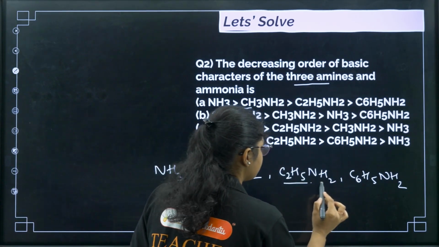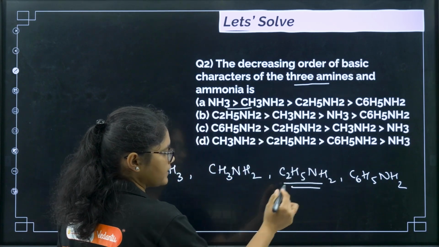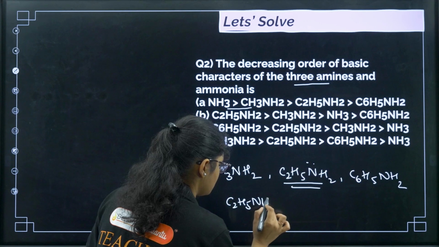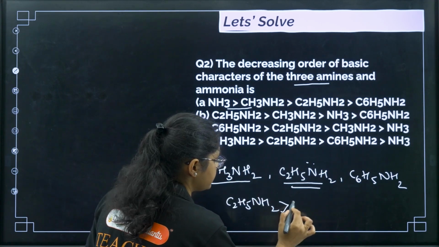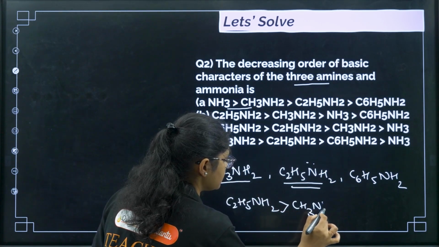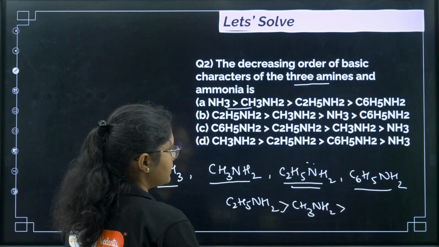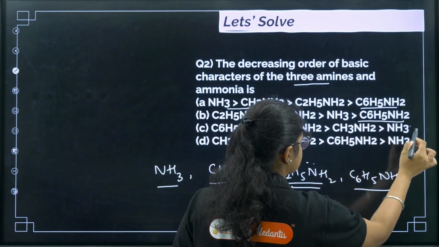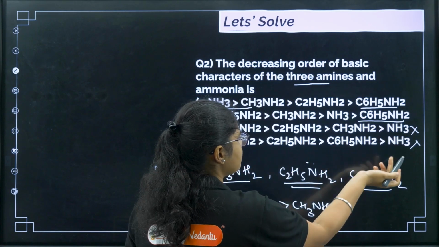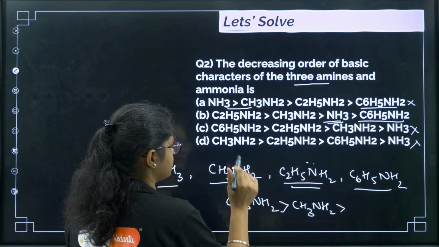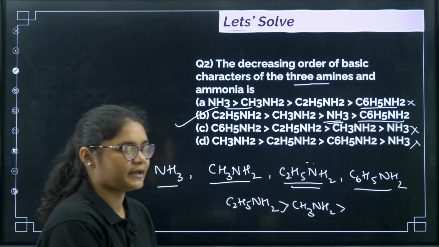Here more groups can donate electrons. So that is why C2H5NH2 will come first, then CH3NH2, then ammonia and then aryl amine. Aryl amine has to be in the last, so we can delete these 2 options. Before aryl amines it has to be ammonia, so we can delete this one. So option B will be the correct answer.